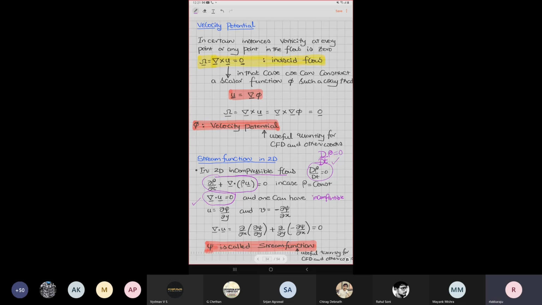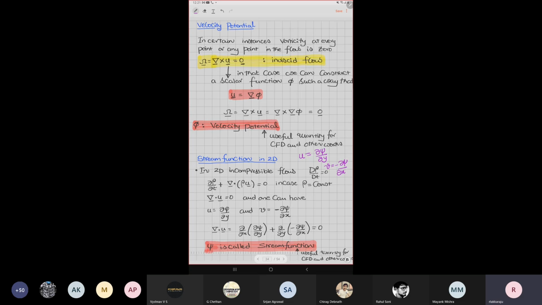If that is the case, one can always introduce something named a stream function psi, such that velocity u can be written in terms of the stream function as u = del psi by del y and v is equal to minus del psi by del x.